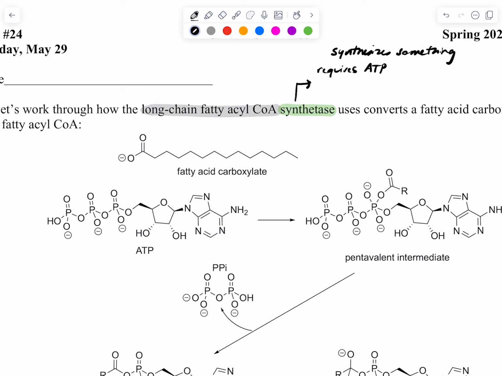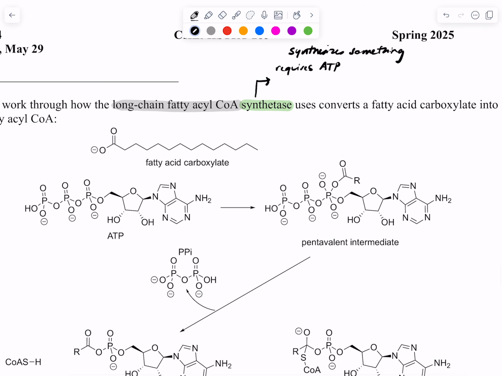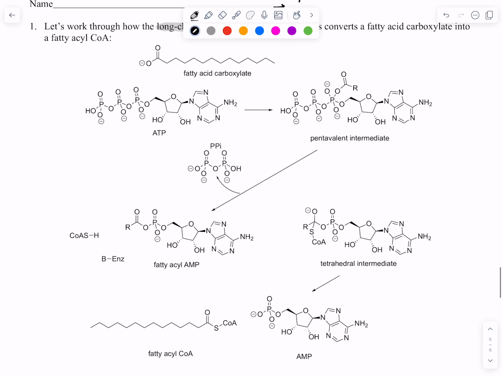So a long-chain fatty acyl-CoA synthetase requires ATP to synthesize a long-chain fatty acyl-CoA. All right? So you start out with the carboxylate, and at the end, you're going to get the fatty acyl-CoA thioester. And you've got to use a molecule of ATP to get there.